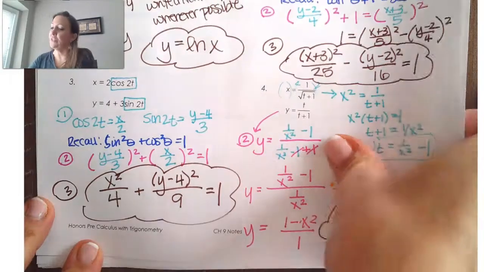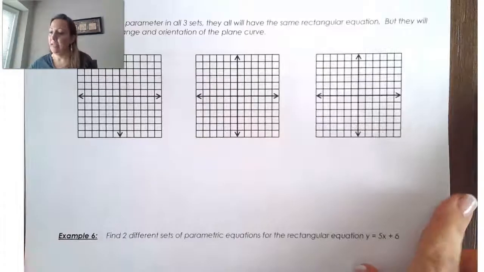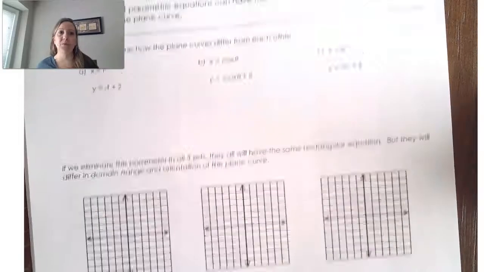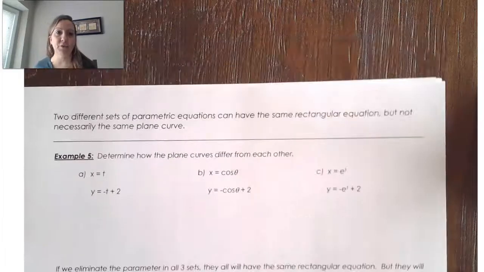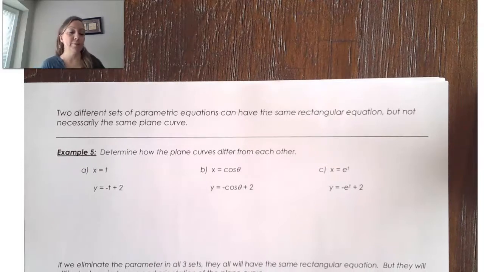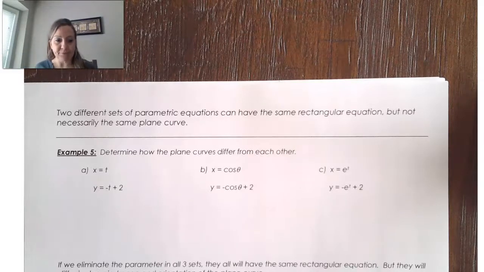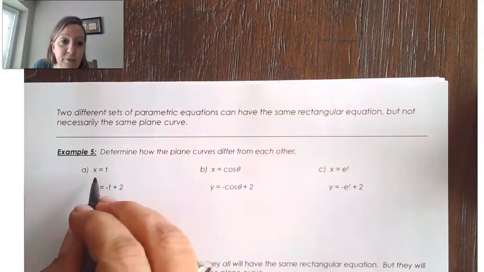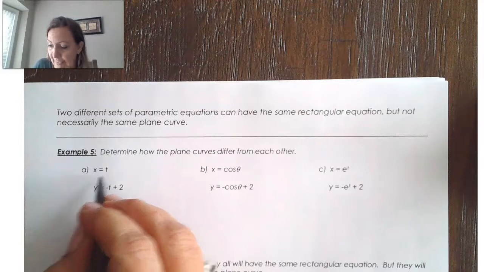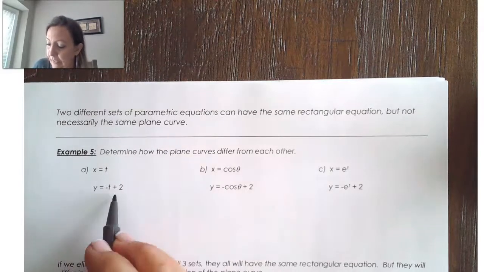Okay, the next part we're going to look at is when we have two different sets of parametric equations, or even more than two sets, that end up having the same rectangular equation, but they don't end up with the same plane curve. If we try to see what each of these is in rectangular form, in example 5a, it says x equals t and y equals negative t plus 2.